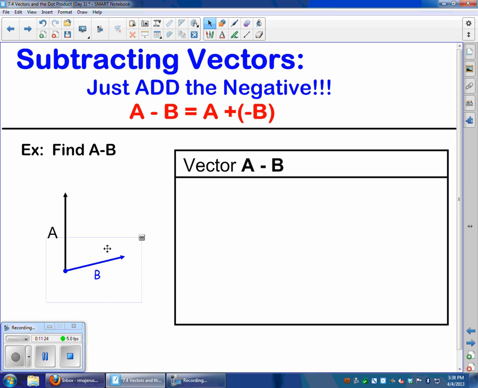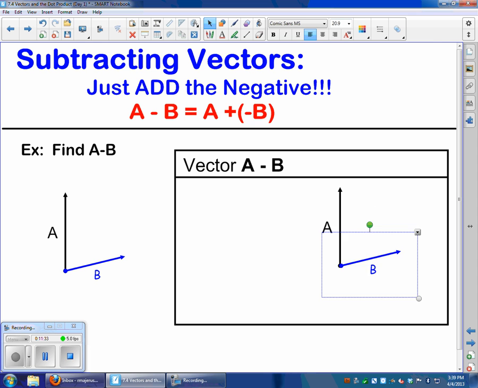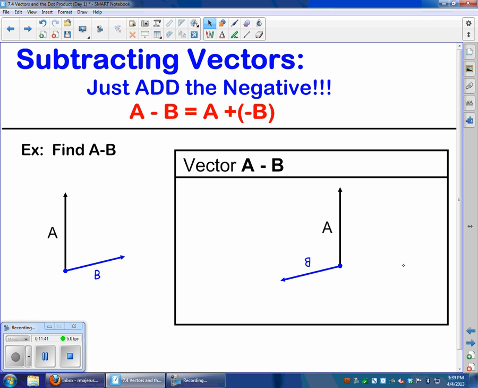What we want to find is the opposite of vector b. So if we grab one of those and flip it around so that it's facing 180 degrees in the opposite direction, the opposite vector would have the same magnitude. So that's what negative b, or the opposite of b, would look like.